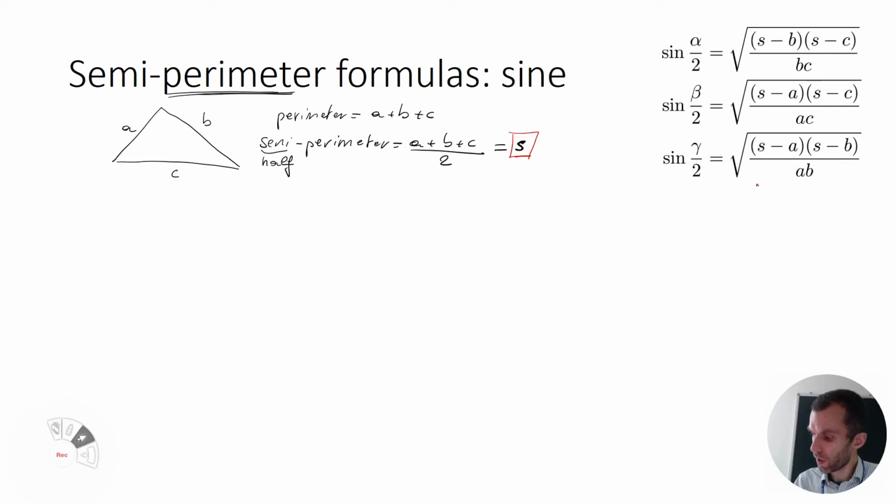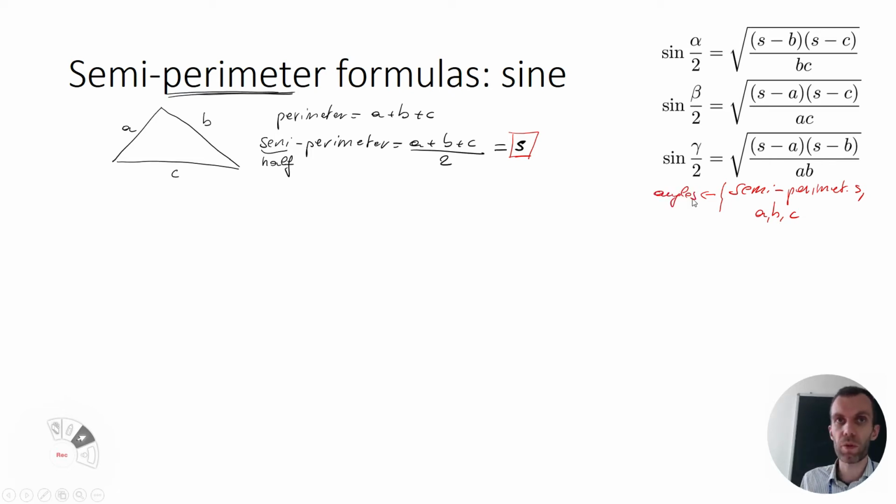So here you have the semi-perimeter S and the sides A, B, C, and on the left-hand side you have something that involves angles.